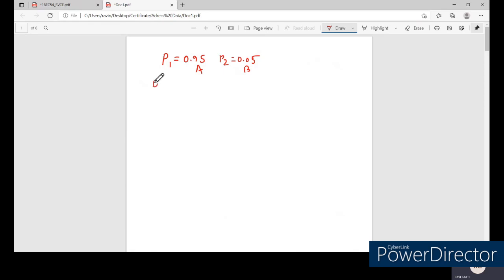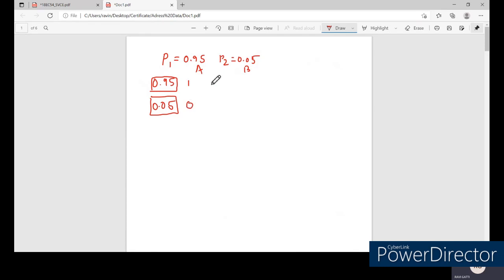So the first one will be 0.95 and the second one 0.05. Since you have only two symbols, I will group this as the first group and this as the second group. So I will be assigning a code value of 1 to the first group, and for the second group I will be assigning the value 0.